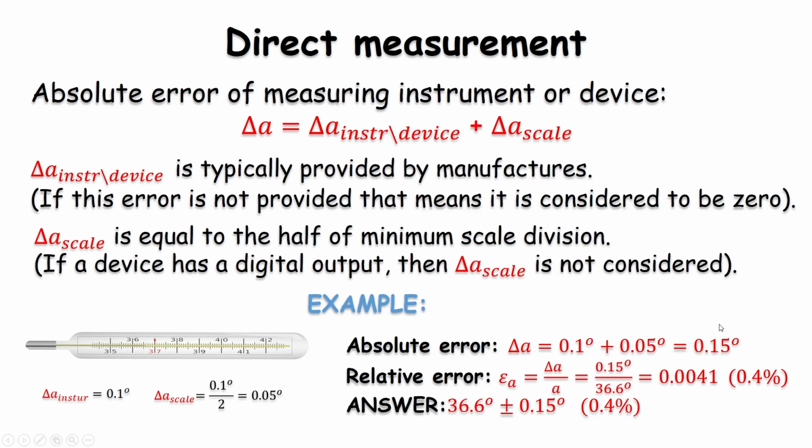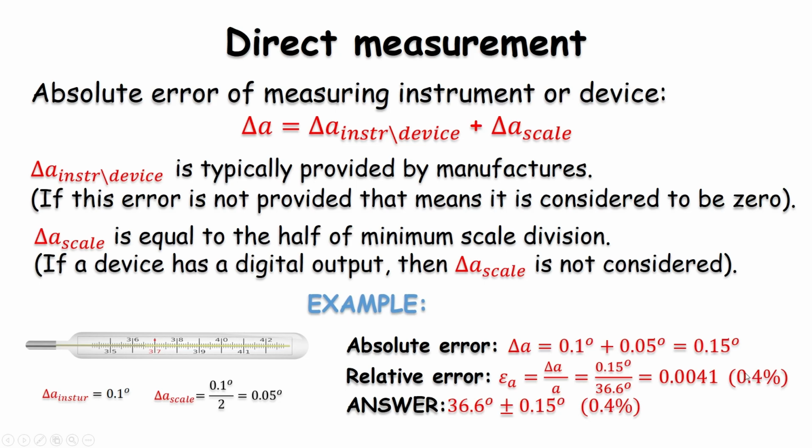The relative error can be calculated by this equation, where you need to divide the absolute error by the value you measured by the thermometer. So here we can see it is 36.6 degree, which is the normal temperature of the human body. So the answer is 0.0041, or if you multiply it by 100, then we get the answer in percentages, which is about 0.4%.